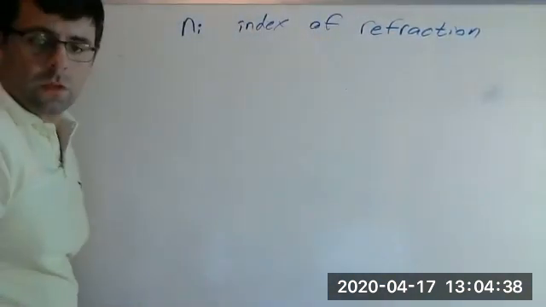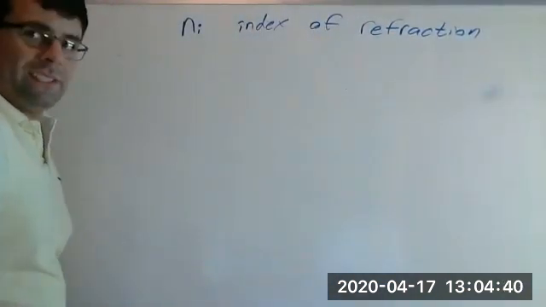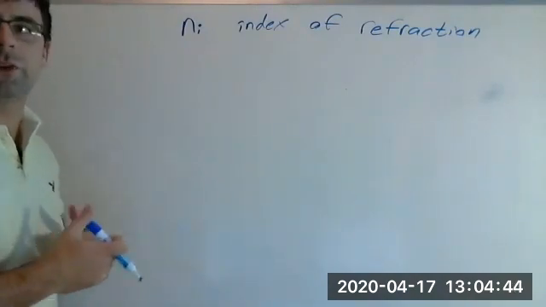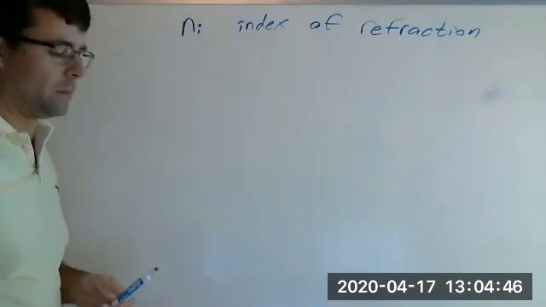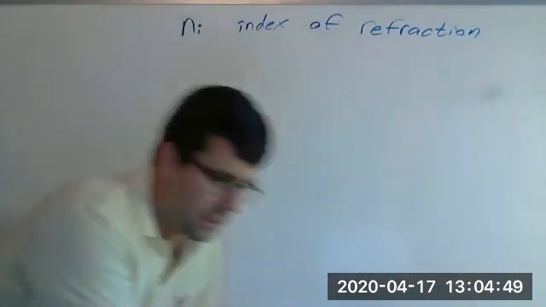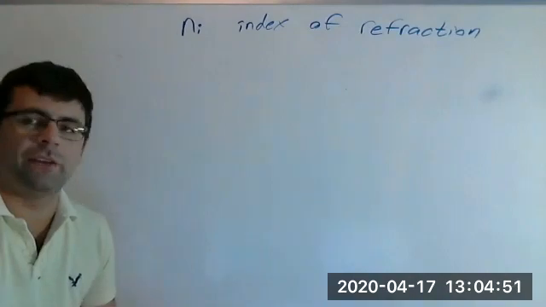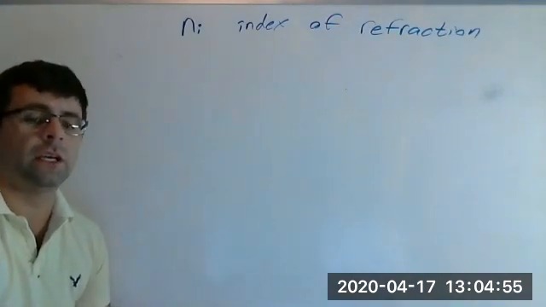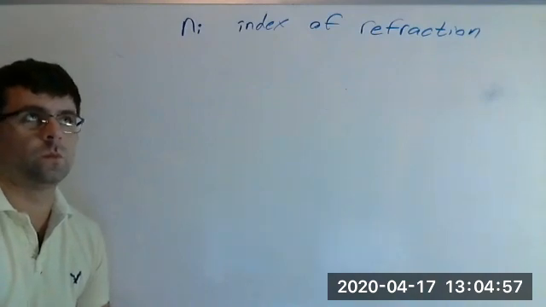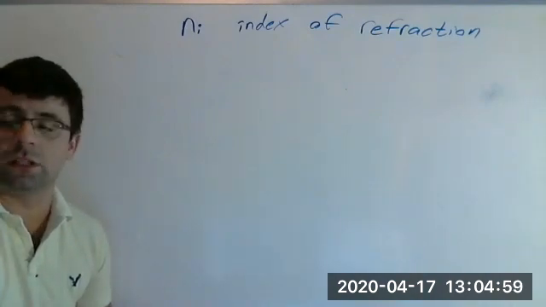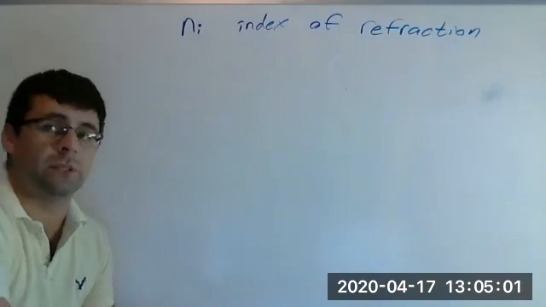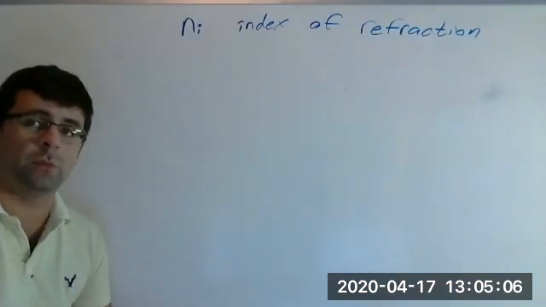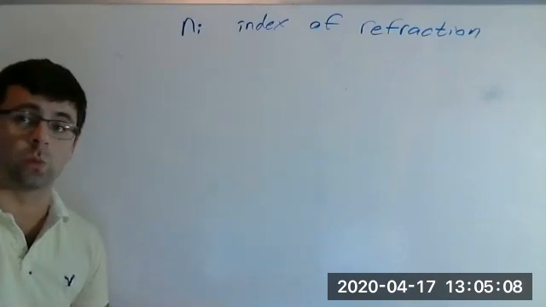This is a number, again, that is kind of independent for every material. It is something that we measure empirically, but it has to do with the speed of light traveling through that material. For air and a vacuum like space, N is usually just 1.